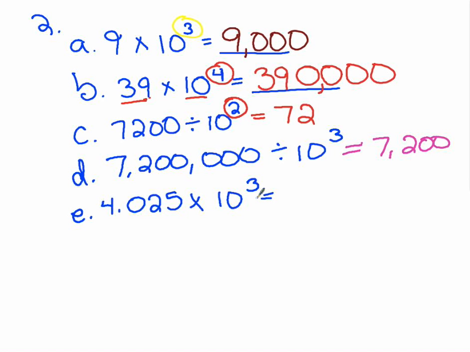It's not 4.025. So if your hand is up and you're ready to say 4.025, nope, that's not the answer. 4 and 25 thousandths. See, correct? Yes, he is correct. So we have a problem here.